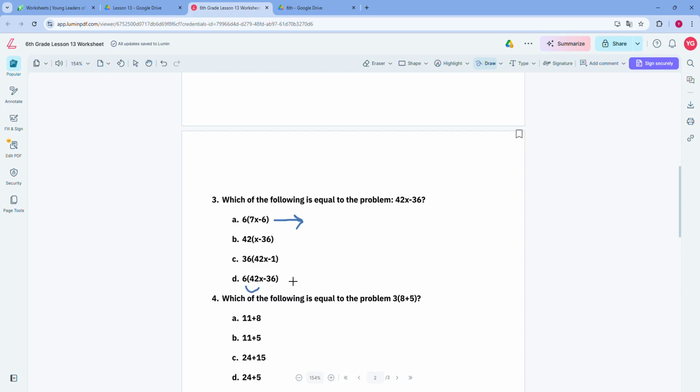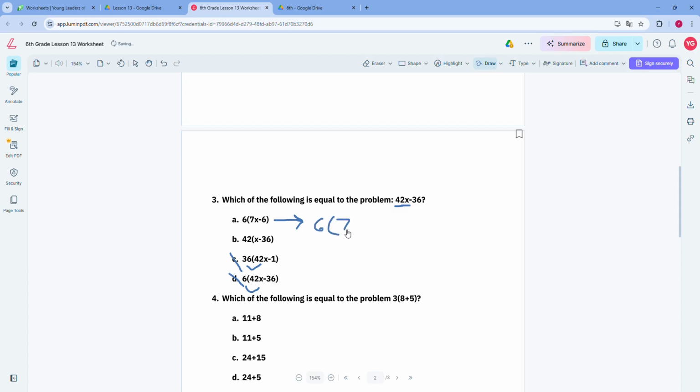Obviously 6 times 42x is not going to give us 42x. Same thing here, 36 times 42x isn't going to give us 42x. So we can eliminate those two really quickly before using our time on trying to solve them.